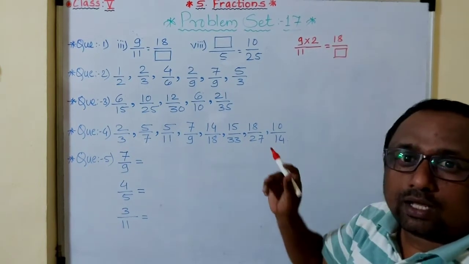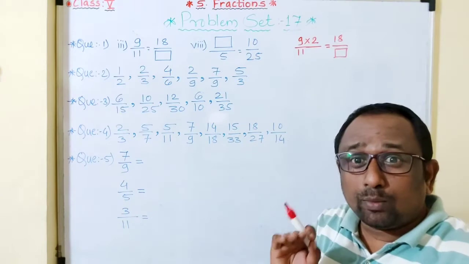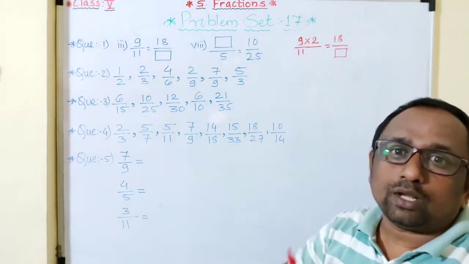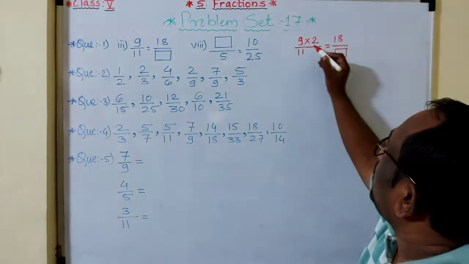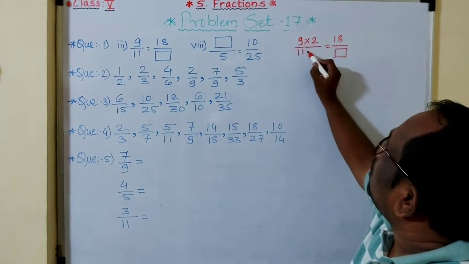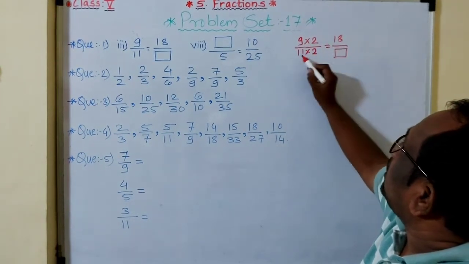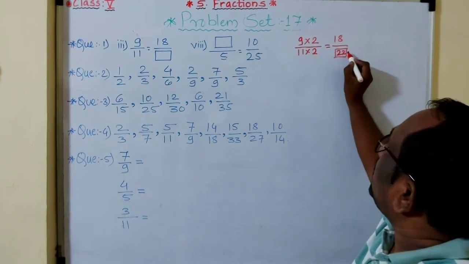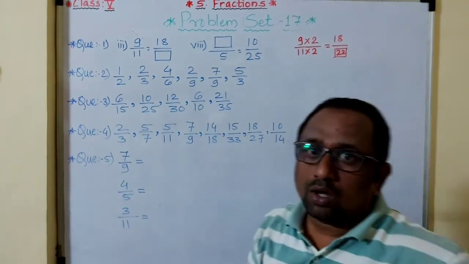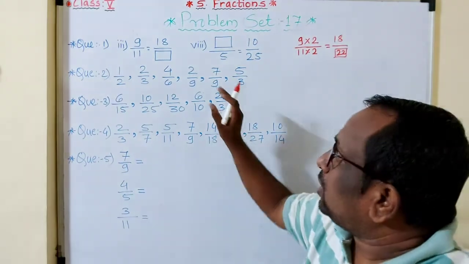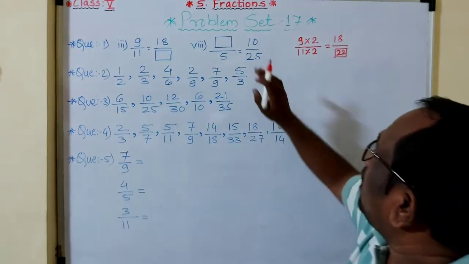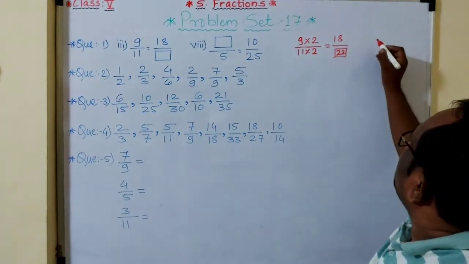If you multiply a number to the denominator, the same number you have to multiply to the numerator. So here we multiply the numerator by 2, here also we have to multiply the denominator by 2. So 9 2s are 18, 11 2s are 22. Okay. So now look here. Now this example and this example. Now the next example here.